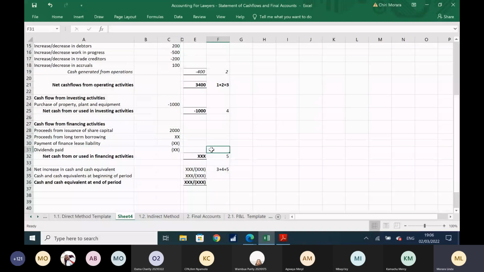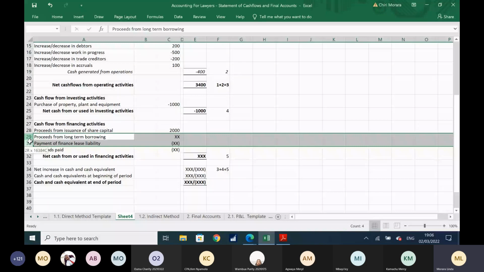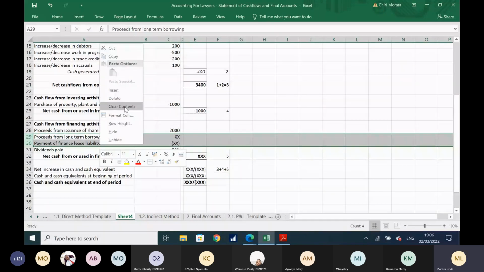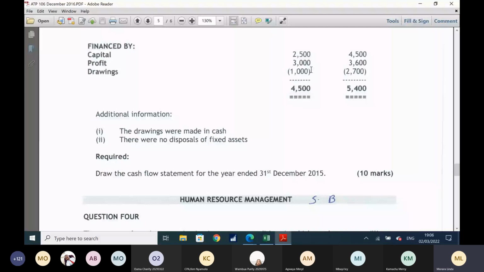We have not taken any loan. We have not done anything else. But there is an issue on the drawings. Remember, the drawings were made in cash. Our drawings at the beginning of the year were 1,000. At the end of the year, they're 2,700.